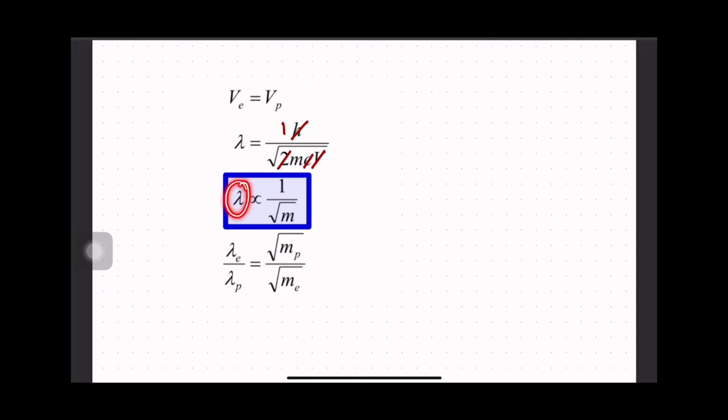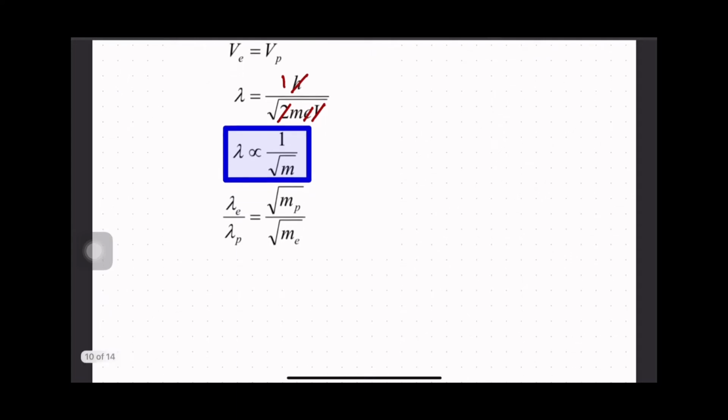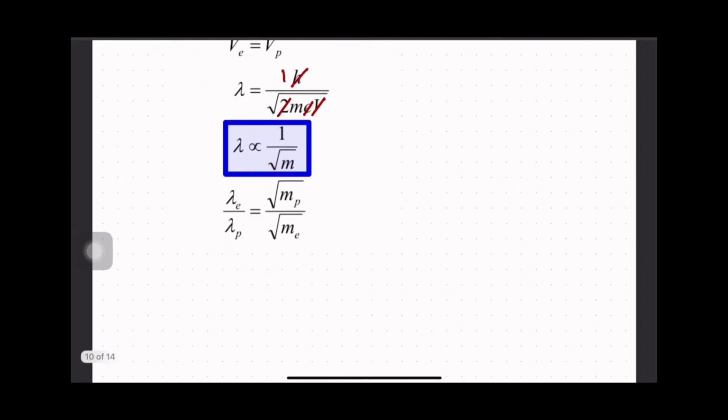Okay, kalau kita tengok wavelength dengan m ni bukan duduk satu baris. Jadi bila you nak cari lambda e over lambda p, m dia akan jadi terbalik. Okay, square root of m_p over square root of m_e, dia akan jadi terbalik sebab dia punya relation adalah per. Kita panggil inversely proportional lah sebab dia duduk kat bawah. Okay, alright. So inilah term dia.